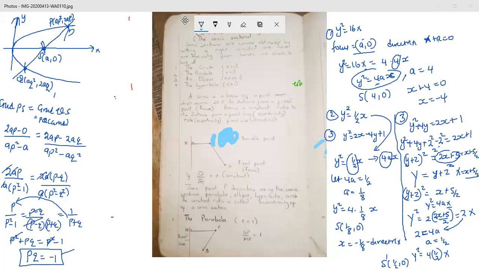But one could have said, even here I can use 2AQ minus 0 over AQ squared minus A. Let me show you when I use these two. We would get 2AP over A into P squared minus 1 is equal to 2AQ out of Q squared minus 1.